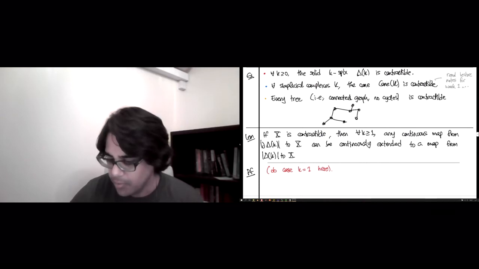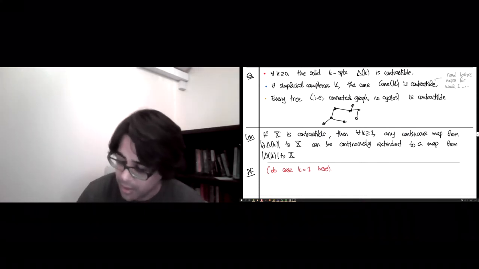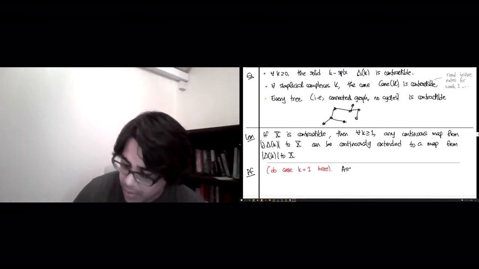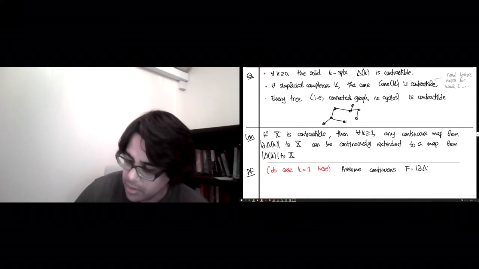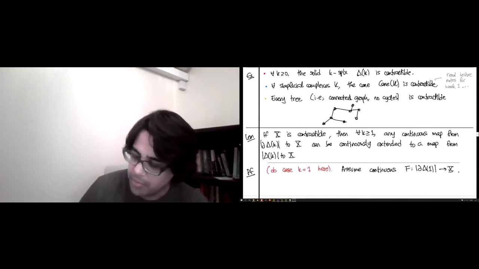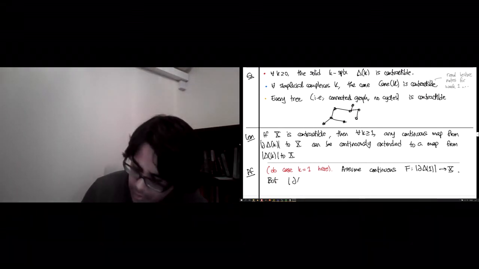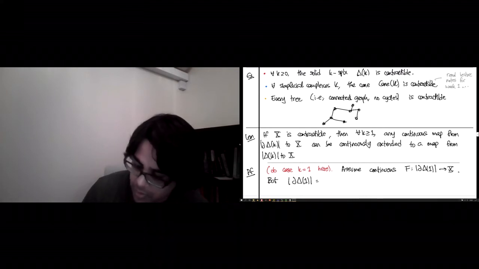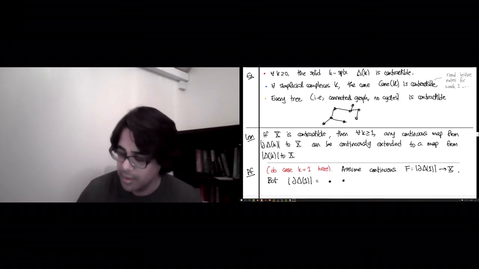So what does case k equals 1 mean? It means that you have a continuous map from the geometric realization of the hollow 1-simplex to X. And remember, the geometric realization is just 2 points. Up to homeomorphism it is just 2 disconnected points.